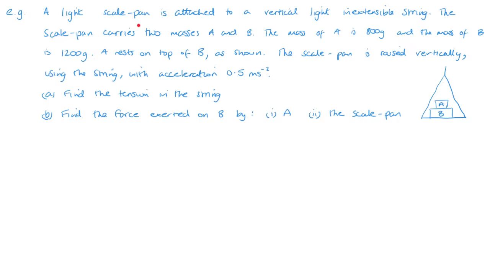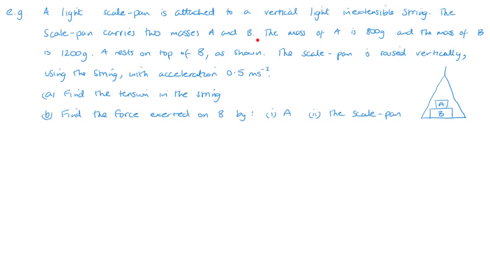So we've got a light scale pan. This is basically like a scale for holding some masses. You hang it by a string. It's attached to a vertical, light, inextensible string, so we know what that means: tension is consistent throughout the string, and we don't worry about the mass of the string.